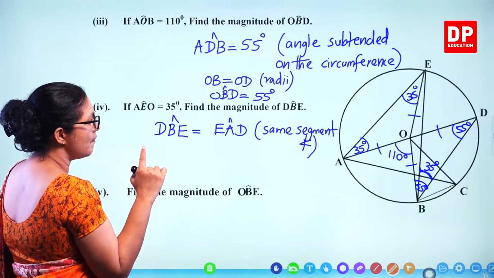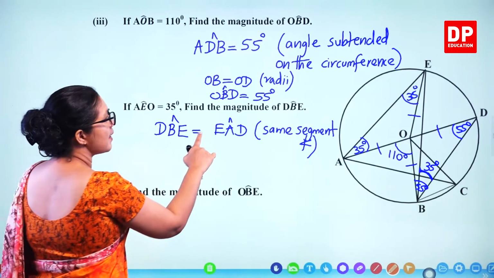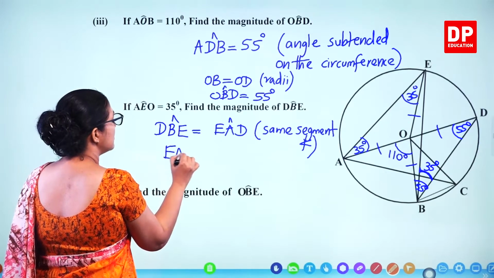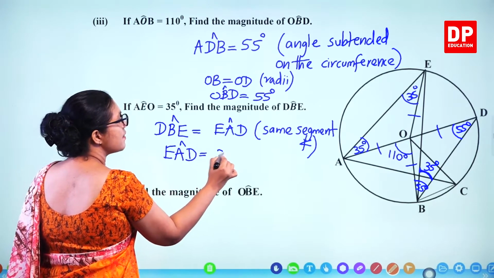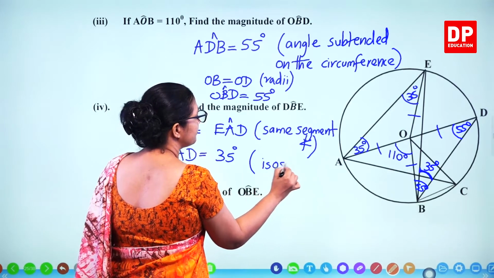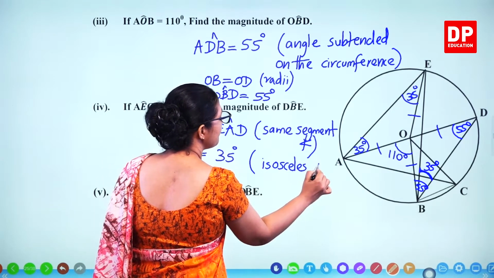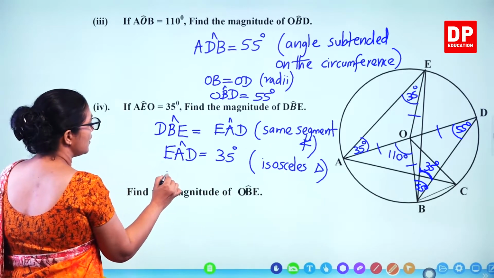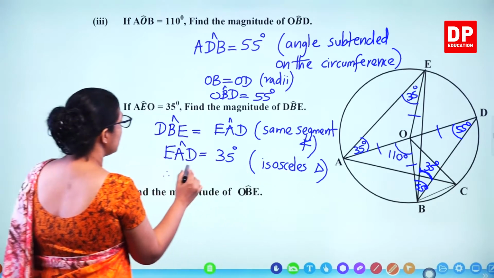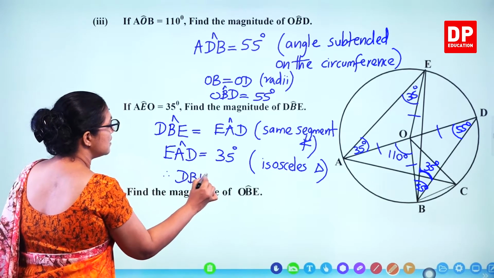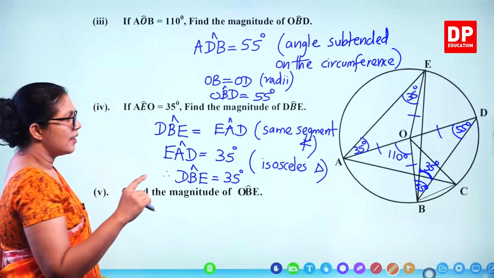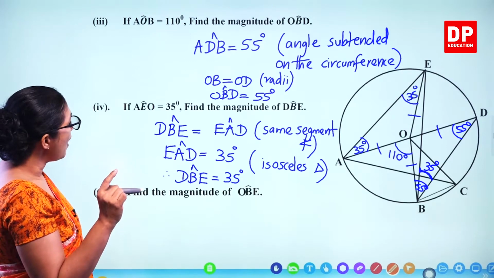And we know that this angle, EAD angle, is 35 degrees because of the isosceles triangle. So we can easily find out DBE angle, that's also 35. So that's the fourth part.